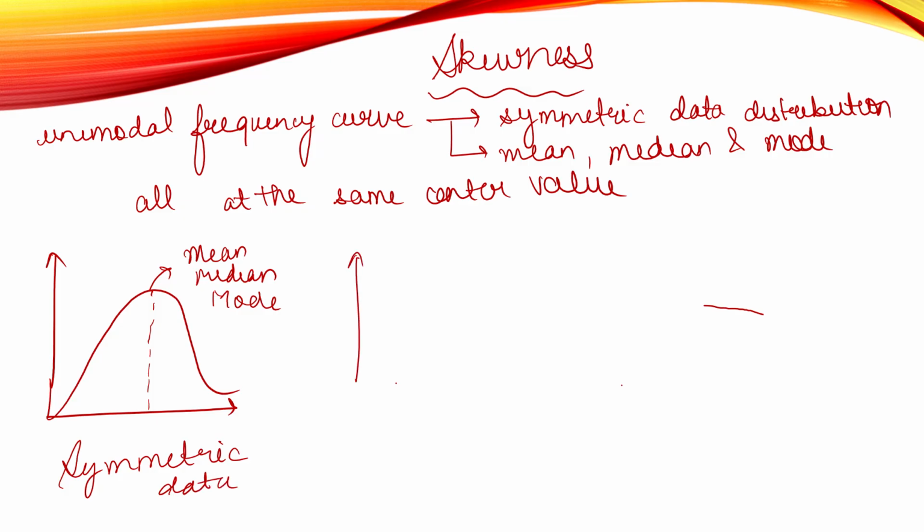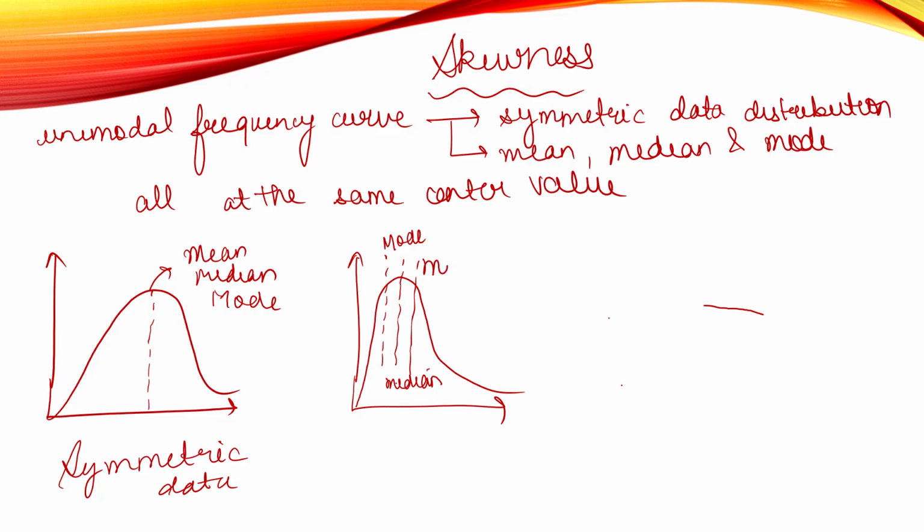Now let's draw the second graph. Okay. So let's say we have mode. This middle part is your median, and this final line is your mean.